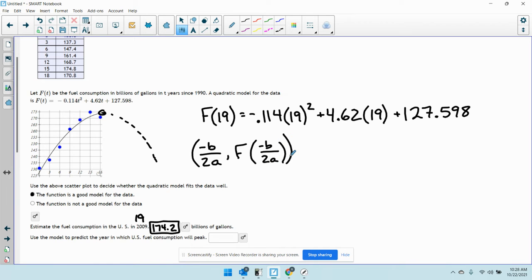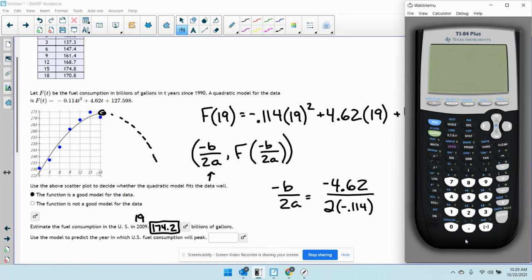But we can save ourselves some time because it just asks us for the year, and that's just going to be this thing. So if I just want to find negative b over 2a, that's going to be negative 4.62 over 2 times negative 0.114.